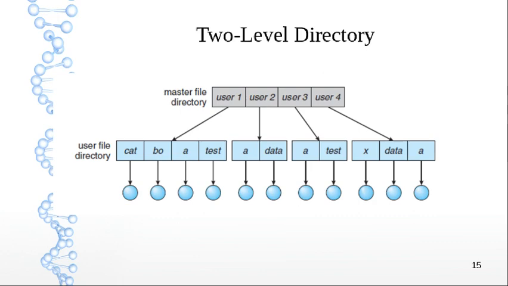That is called a two-level directory. In the two-level directory, each user has their own user file directory, or simply the UFD. The UFDs have similar structures, but each lists only the files of a single user.